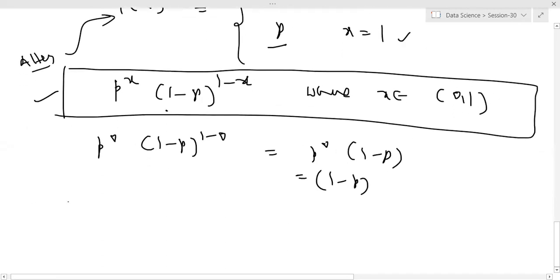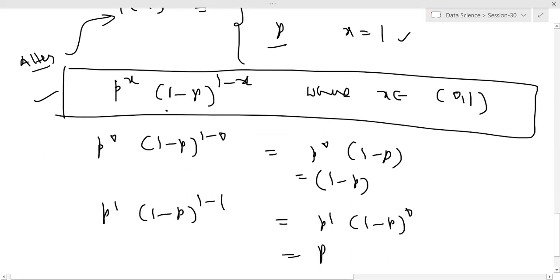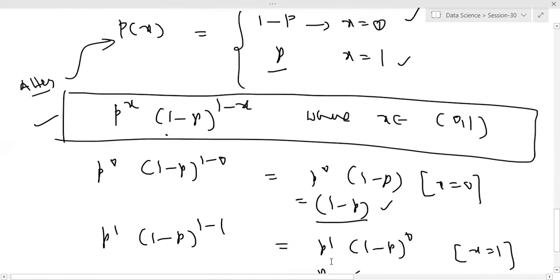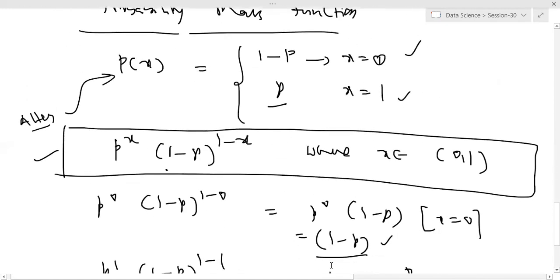If you put X equal to 1, we get P power 1 into (1 minus P) whole power 0, which is P. So obviously, friends, if you use X as 0, you end up with 1 minus P. If you put X as 1, you end up with P. That is how you can see it, based on your mindset.